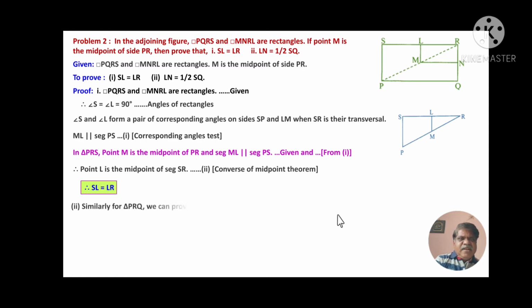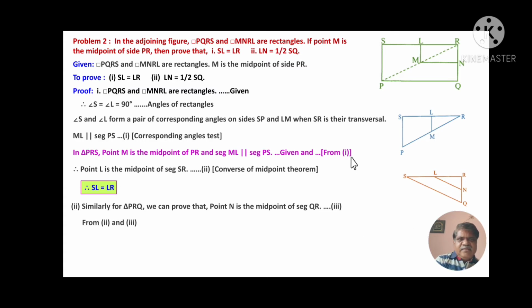Friends, similarly, consider triangle PRQ, shown here. These two triangles are extracted from the original figure. Now, in triangle PRQ, point N is the midpoint of segment QR.